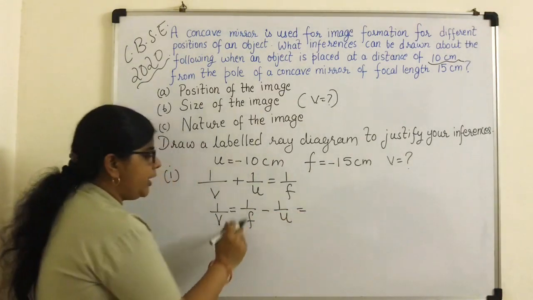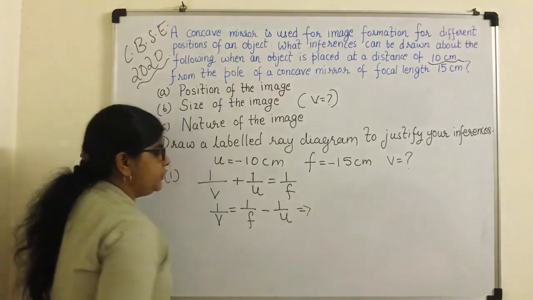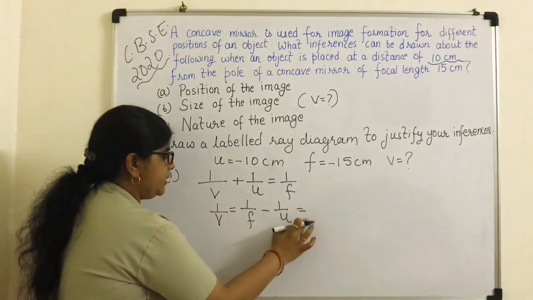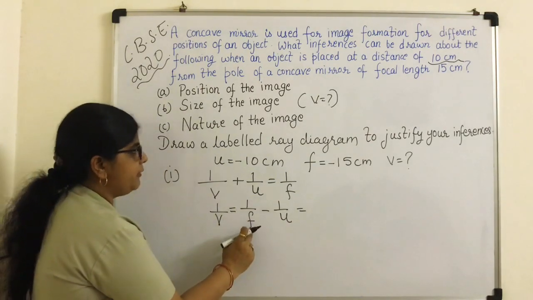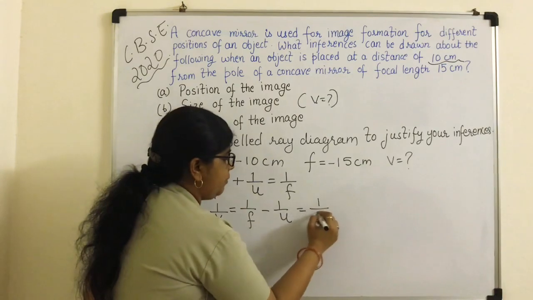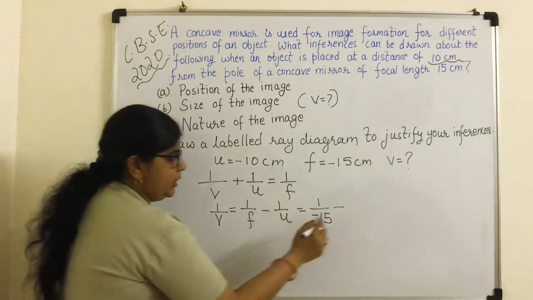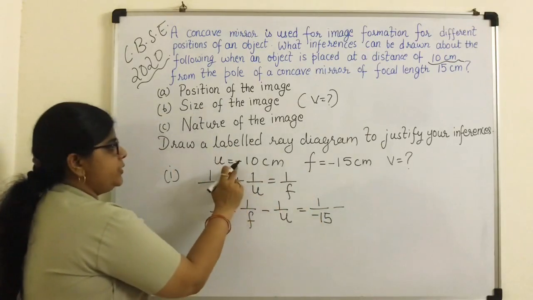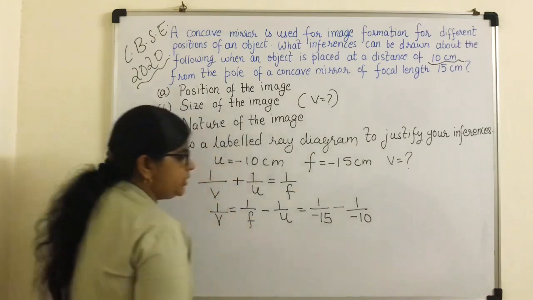Now I will substitute the following and you have to take care of the sign also. So 1 by v is equal to 1 by f. What is f? 1 by minus 15, minus, and then what is u? u is minus 10. So what will it become?